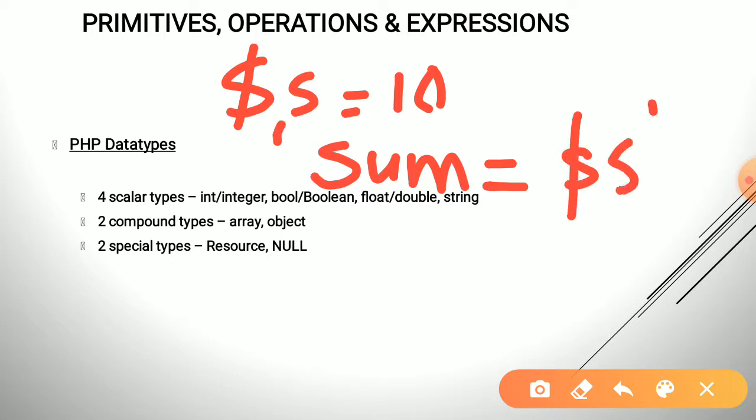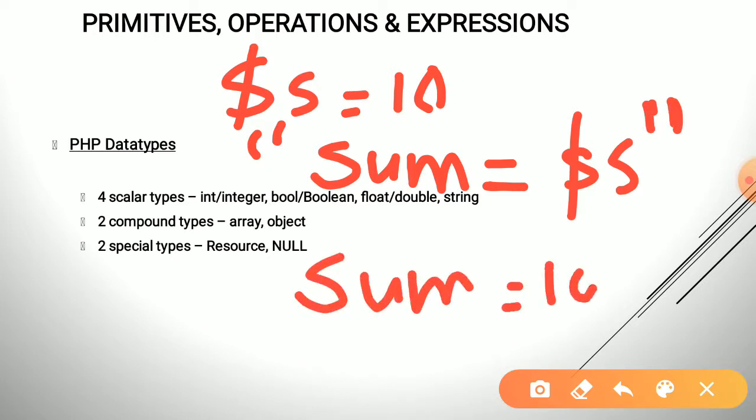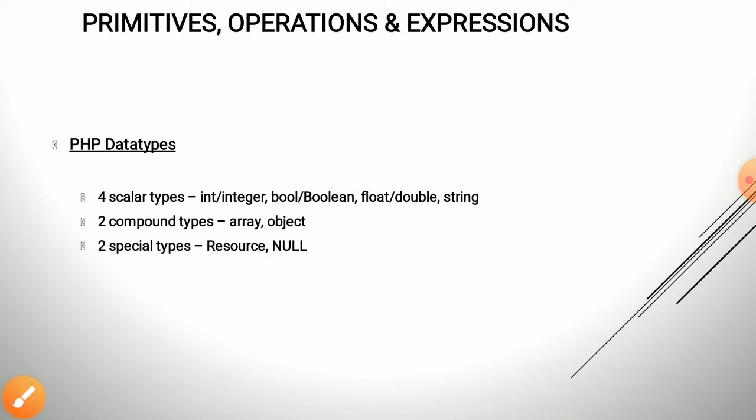Okay, so we are writing it in single quotes, then it will print the same string, sum equal to $s. That means the variables are not substituted with their values. But if we put double quotes here, it will print sum equal to 10. So if we put single quotes, it will print the same string, and if we use double quotes, it will print the value of the variable.